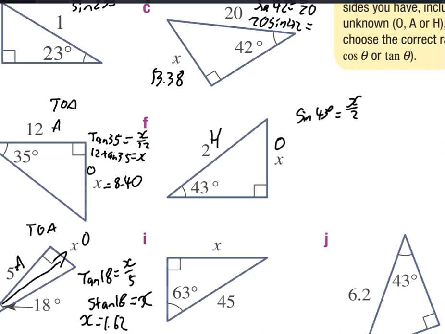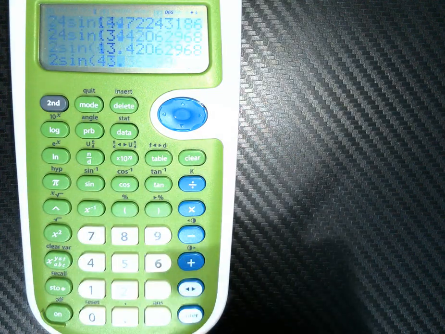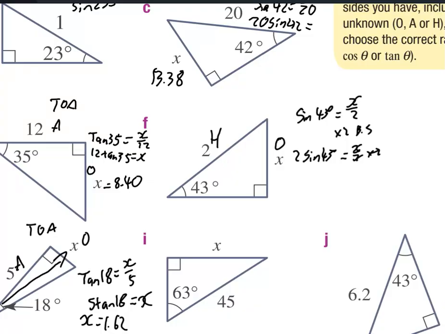Multiply both sides by 2. Then I get 2 sine 43 degrees equals x on 2 times 2, which cancel out. So you end up just getting 2 sine 43, which is 1.36.